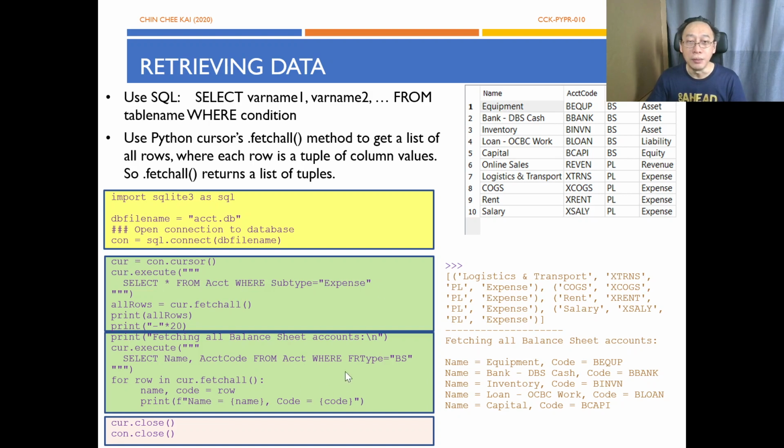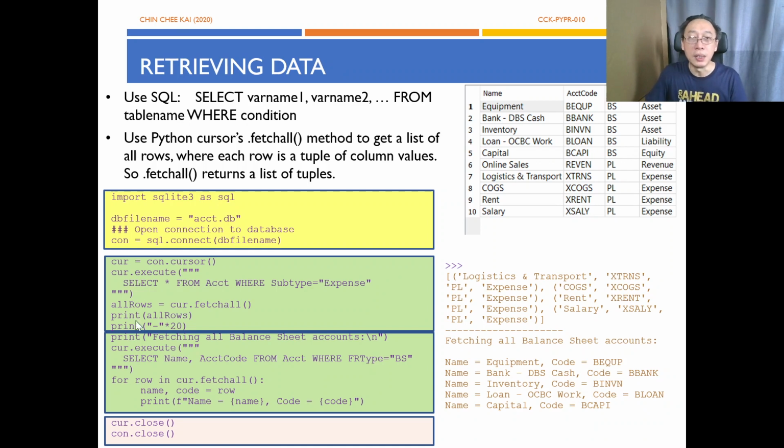In the middle will be one or more green blocks where you have the cursor and then you execute the SQL statement or statements, and then you perform either reading or writing of data to and from the database. So all kinds of SQL commands follow these three steps.